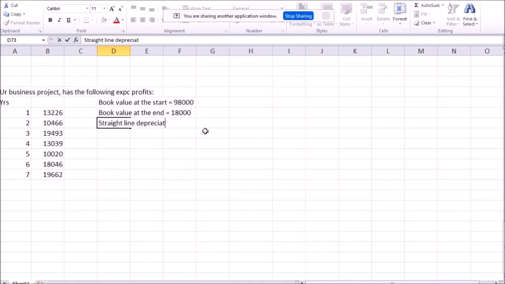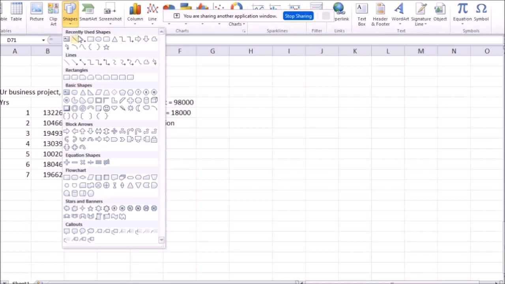Depreciation. But let's say it's a straight line depreciation. Remember from accounting classes, sometimes there is accelerated depreciation or there is straight line depreciation. This sort of calculation only works with straight line depreciation. It doesn't work with accelerated depreciation. So in a straight line depreciation, book value goes down in a straight line from 98,000 down to 18,000, right?